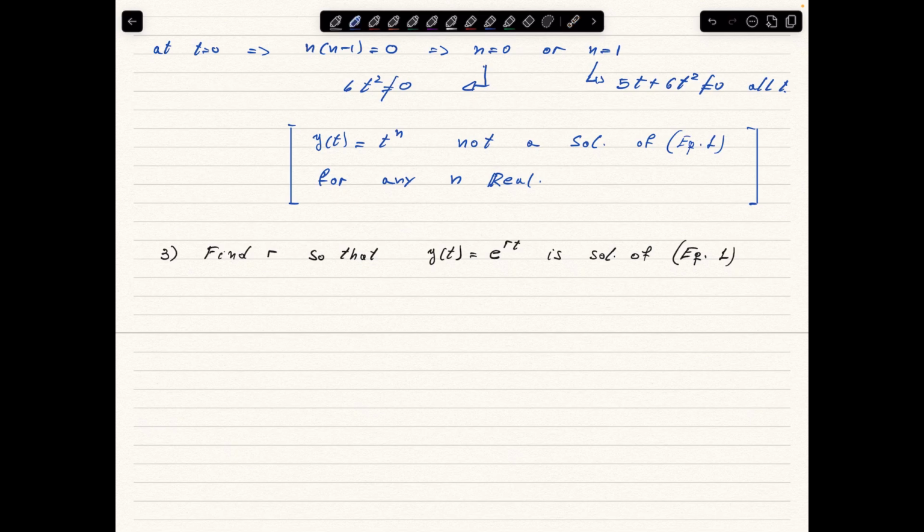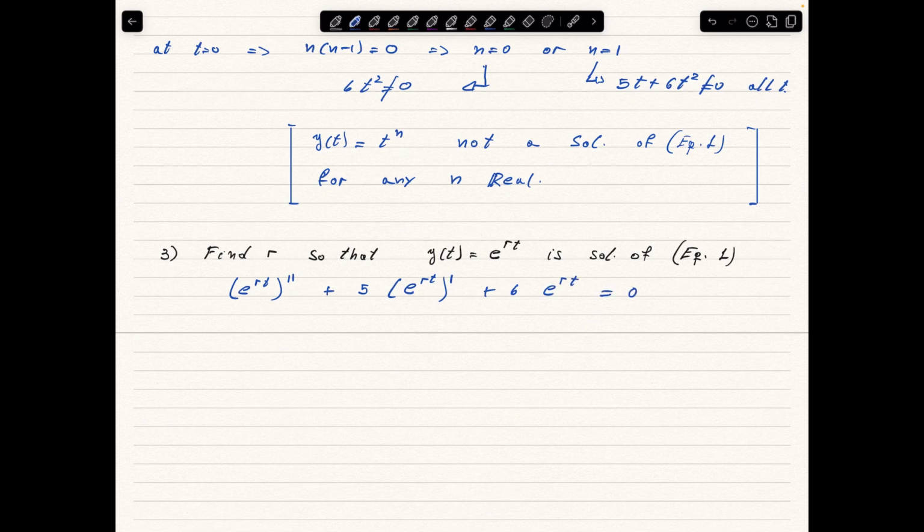So we do what we did in the previous case. We plug the exponential into the equation. The equation is a second derivative, so we put exponential rt. We need to compute the second derivative plus 5 times the first derivative of exponential rt, and then plus 6 exponential of rt.